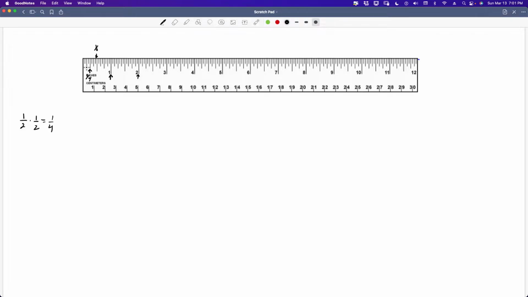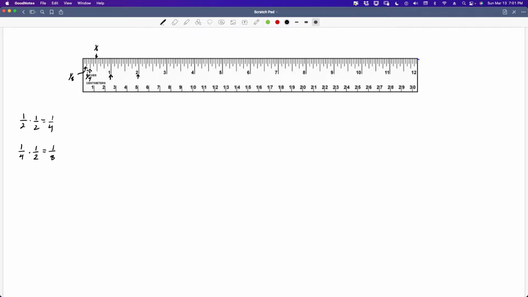Now we have another line that is a little bit shorter than this one, and it's dividing this 1/4 in half. We divide 1/4 in half with a fraction by multiplying it times 1/2, and that line is going to indicate 1/8. So the next line here is 1/8 of an inch.